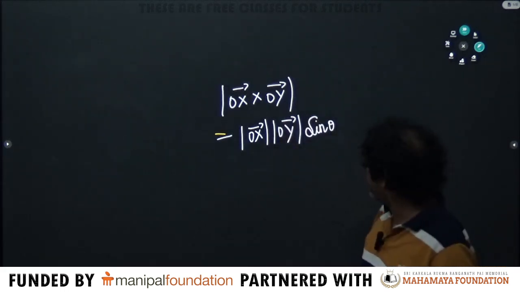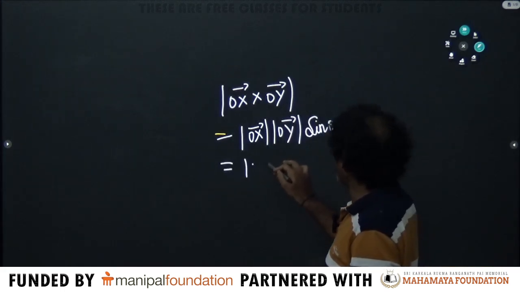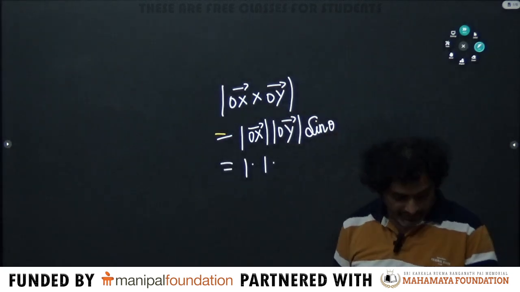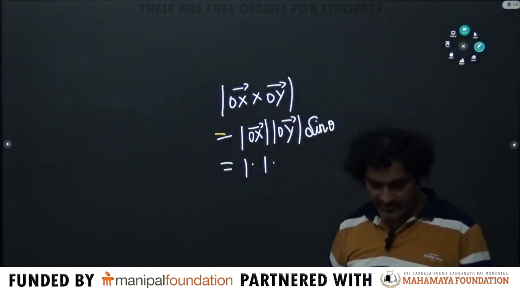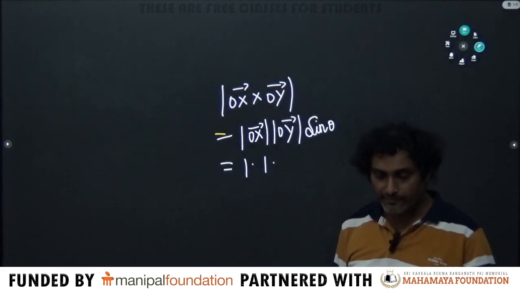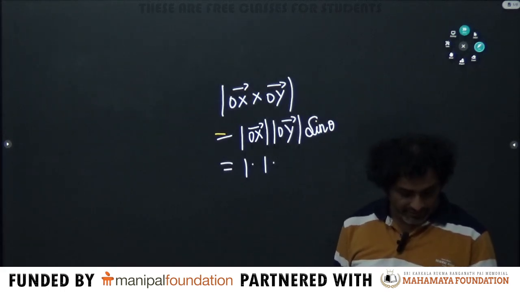The magnitude of this is what? 1. This is also 1. Only sine theta is what we need to find. Okay, do it carefully. I will see what they are telling again. OX is in the direction of QR. OY is in the direction of RP. Correct?